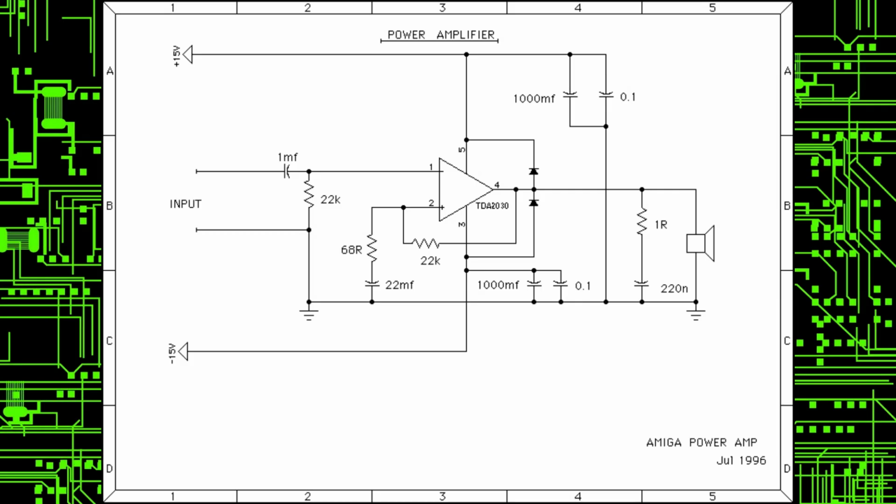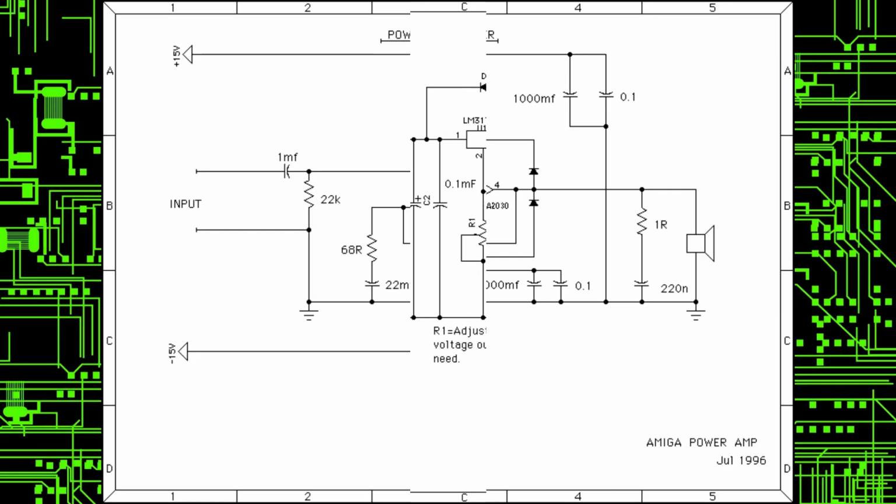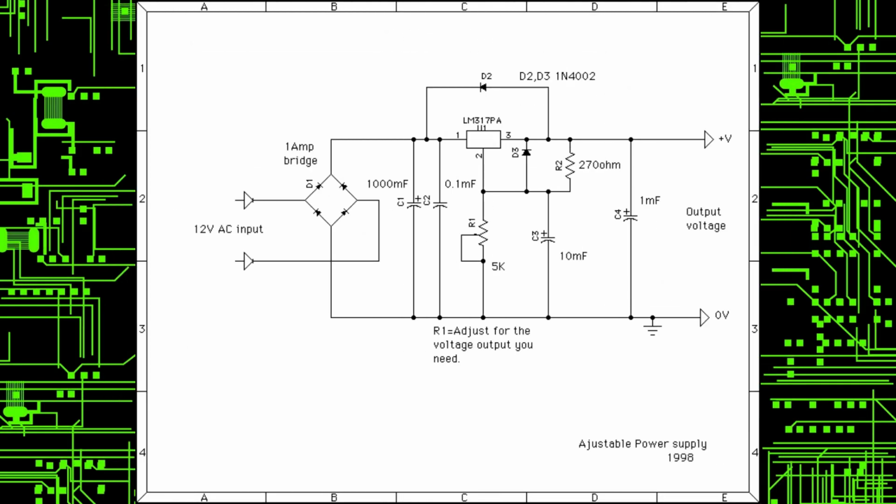A very simple power amplifier using the TDA 2030 IC. A simple variable voltage power supply using the LM317 regulator.